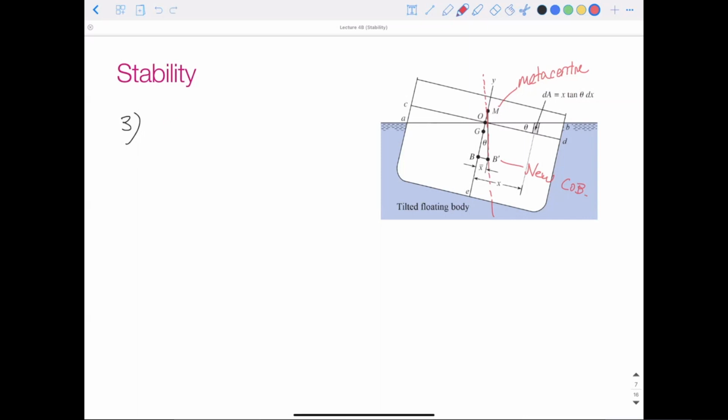So if M is above G, a restoring moment appears and the position is stable.